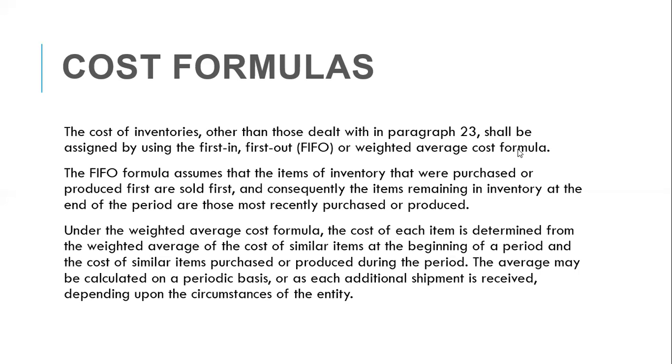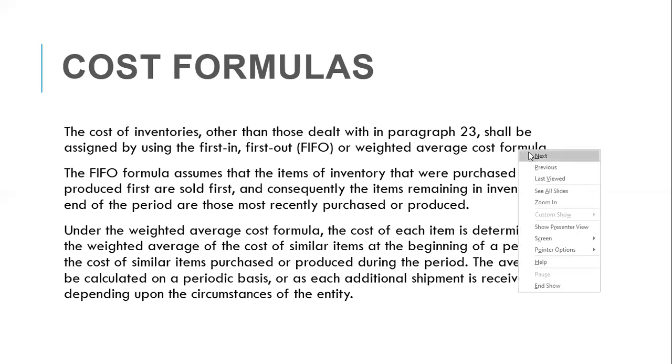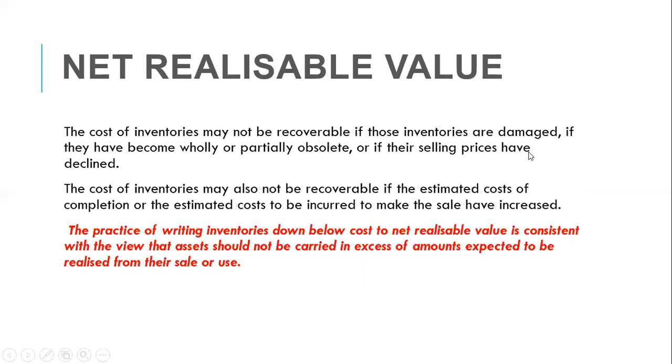Earlier I talked about net realizable value, and it's very important that you know how to calculate that for on-field applications and also for your examinations, whichever accounting or audit related exams you are writing. We need to look at the current selling price of that inventory, then deduct costs to completion, especially with raw material and work in progress.